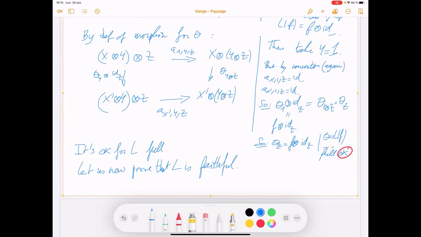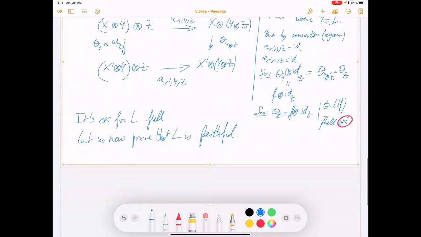And the fact that L is faithful will not be the end of the proof, because then we need to prove that L is a monoidal functor. So then we will need to make a monoidal structure. So this is not the last step.